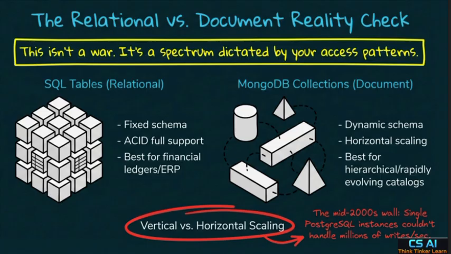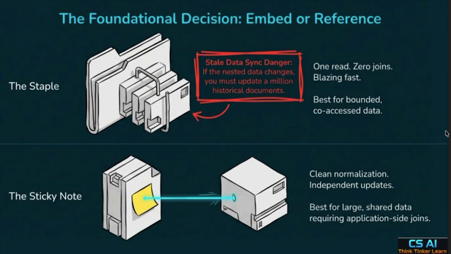hierarchical data. The first decision you'll face is embed or reference. I like to call these the staple versus the sticky note. Embedding, the staple, is blazing fast because it requires one read and zero joins. It's best for bounded data that is always accessed together.